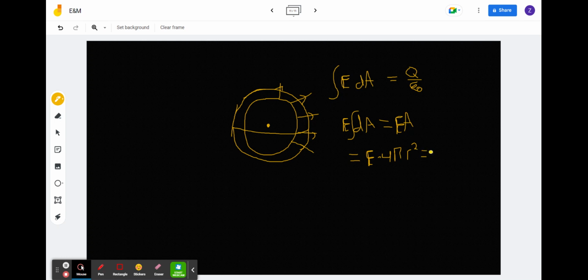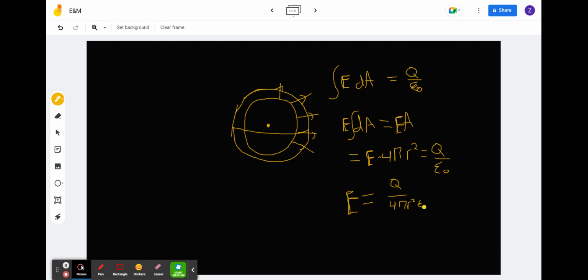It's going to be equal to Q by epsilon naught. So then if we solve, what we're going to get is Q by 4 pi r squared epsilon naught.